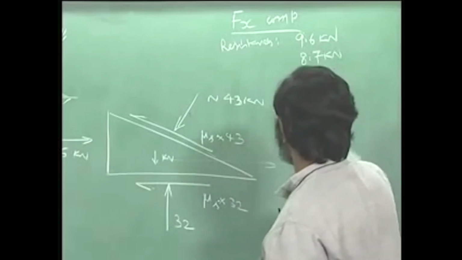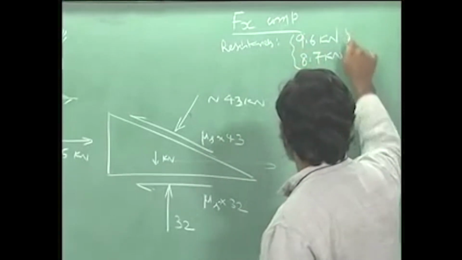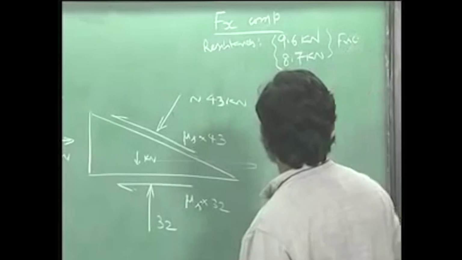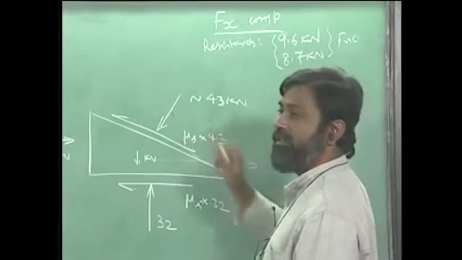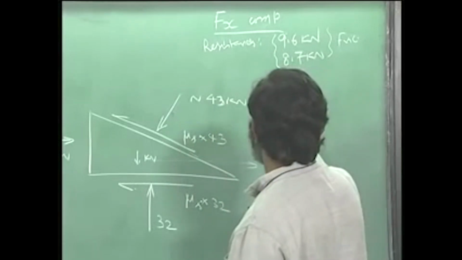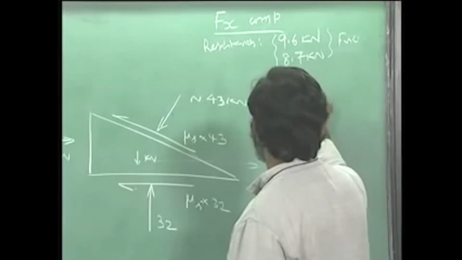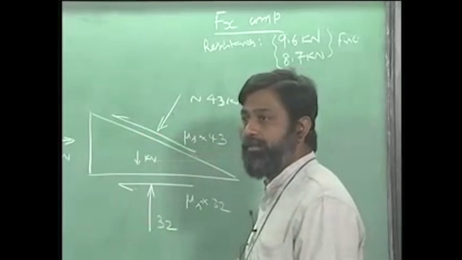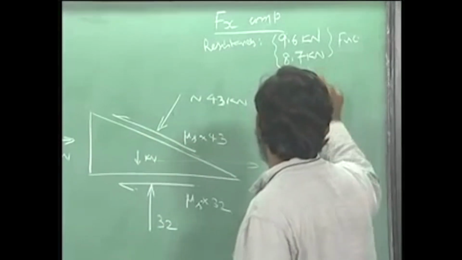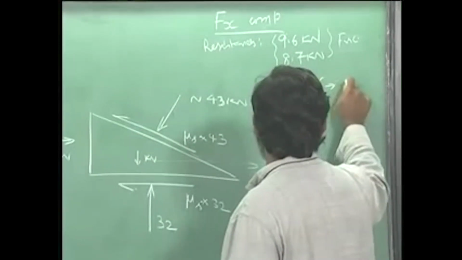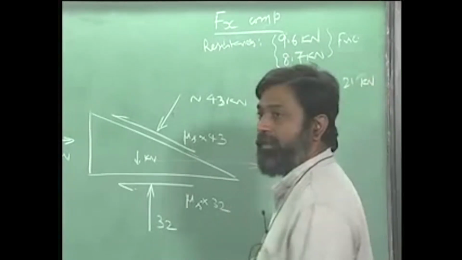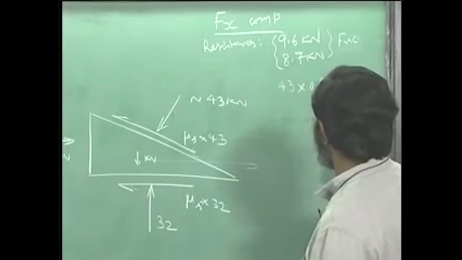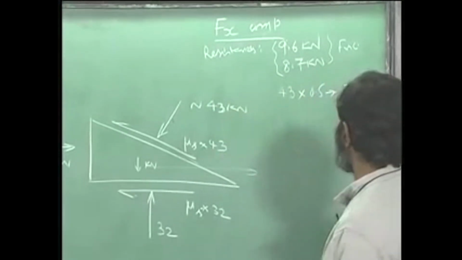So these are the frictional resistances. Then the other resistance that comes in is due to this normal reaction, and that is 43 times sin 30, roughly around 0.5, that gives me 21.5 or let us say 21 kilonewtons. So there is a resistance in terms of the normal reaction which is 21 kilonewtons.